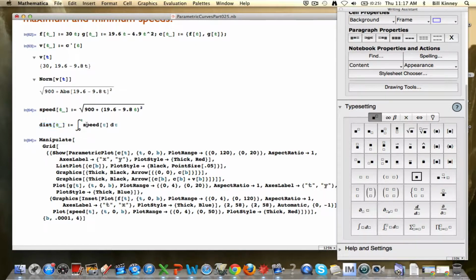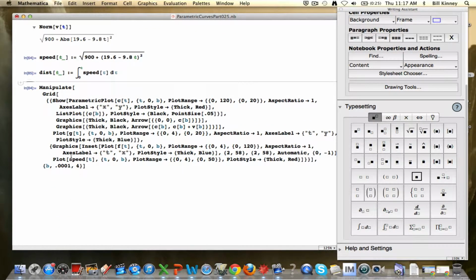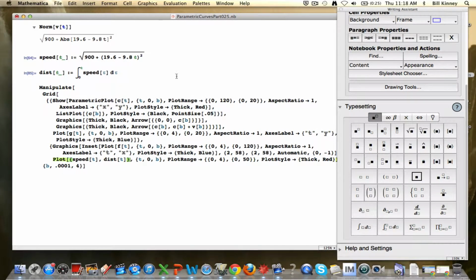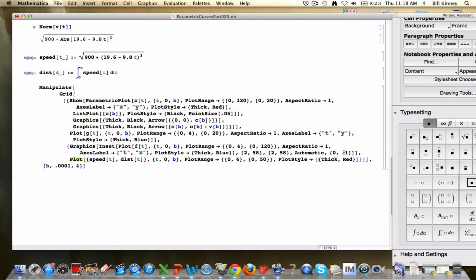However, in Mathematica, I'll just go ahead and show this to you. If I enter this and then try to go down here and plot the distance traveled function along with the speed, it does have some trouble. It doesn't quite work. It might even abort the calculation, so to speak.